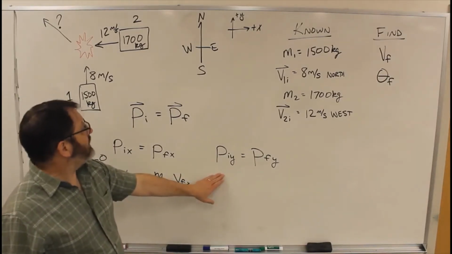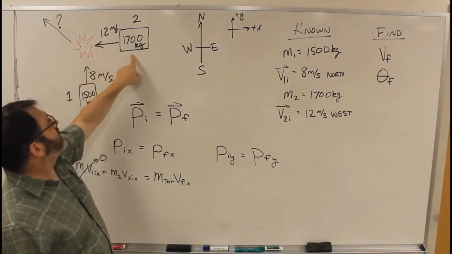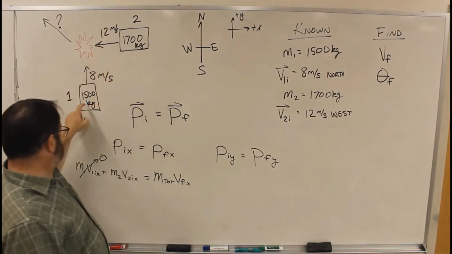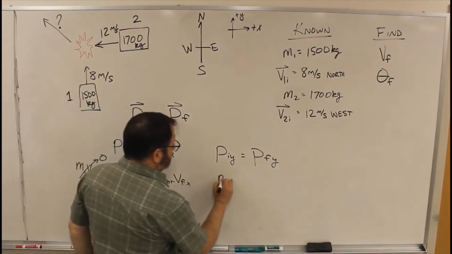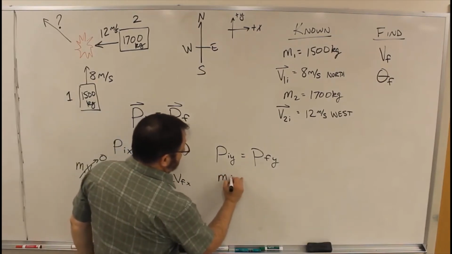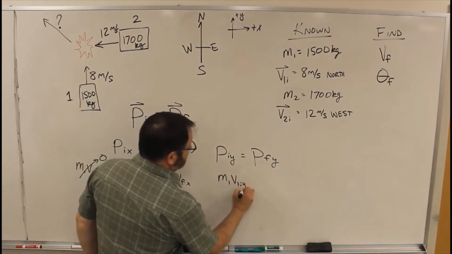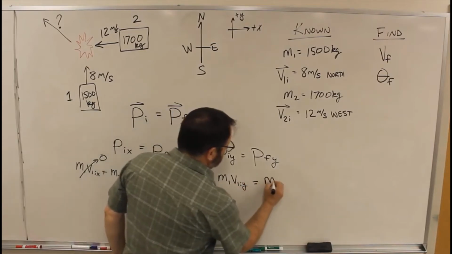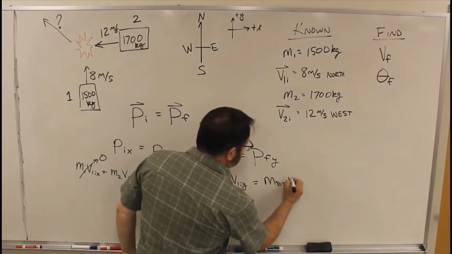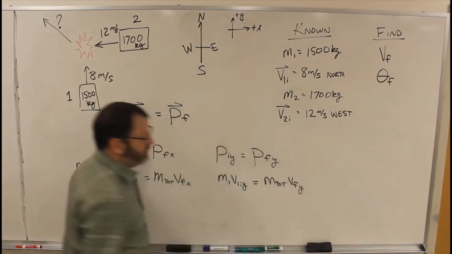We do the same thing here for the y direction. This one's going to be 0, so we only have this car. So this is going to be M1 times V1 initial in the y direction equals M total times V final in the y direction.